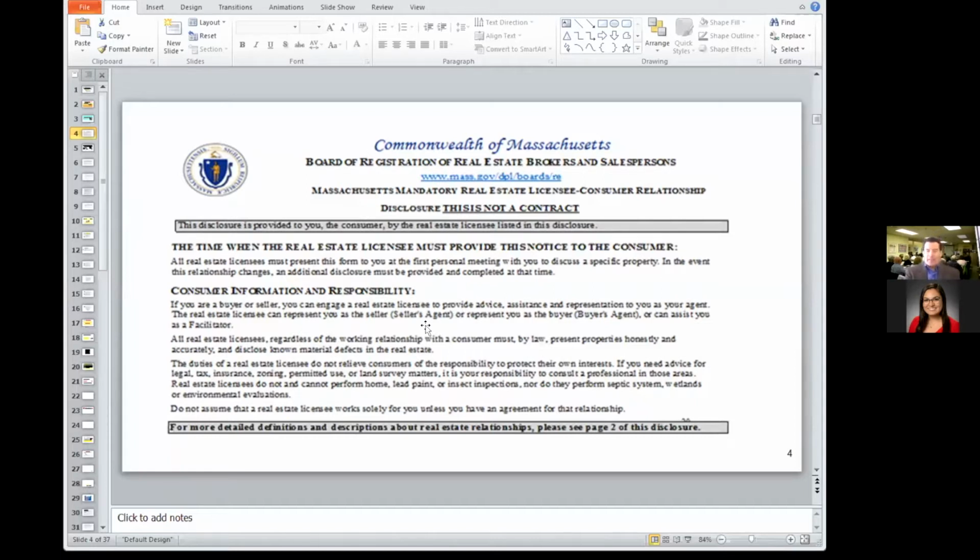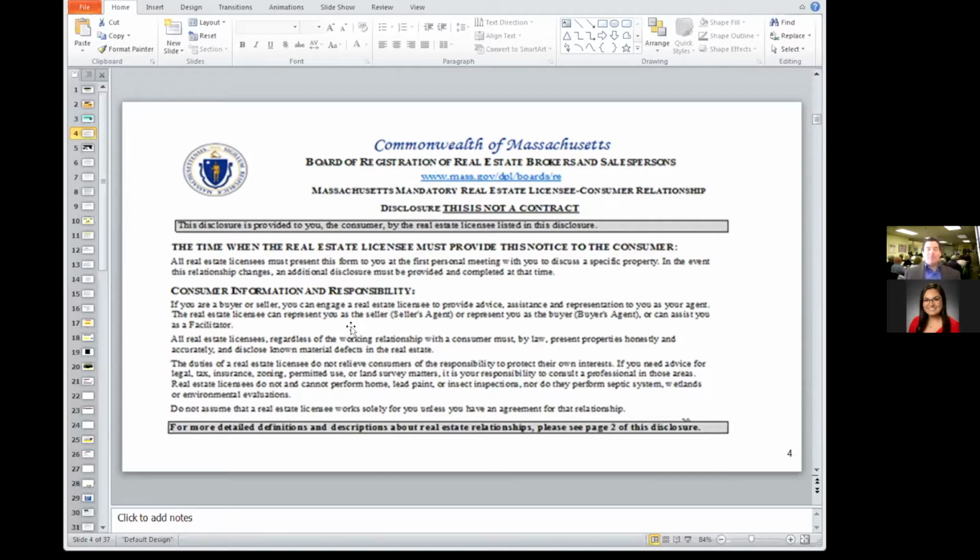All right, that's interesting. Now down here it says all real estate licensees, regardless of the working relationship with the consumer, must be honest and accurate. You can't be lying to people. You cannot be engaging in any misrepresentation.